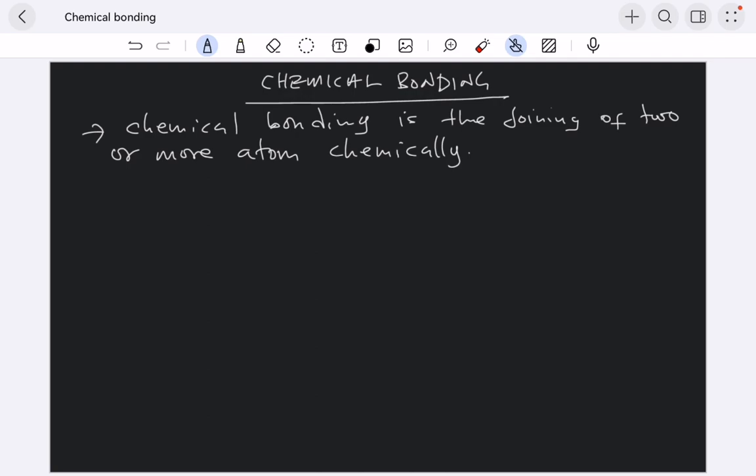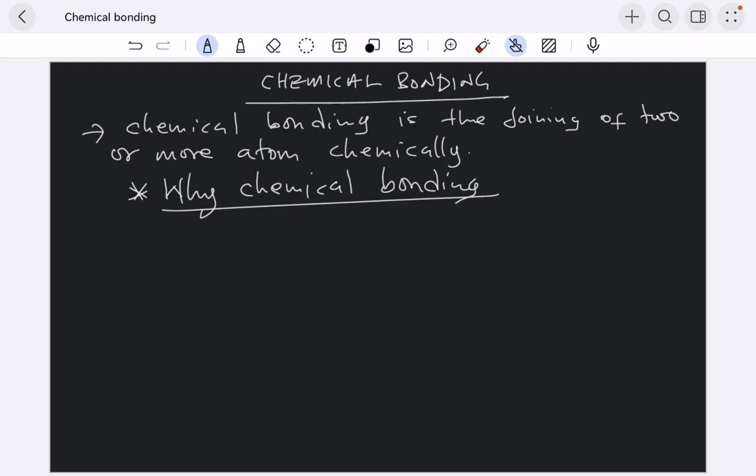The joining of two or more atoms chemically is what is referred to as chemical bonding. The most important question to ask ourselves is why chemical bonding?